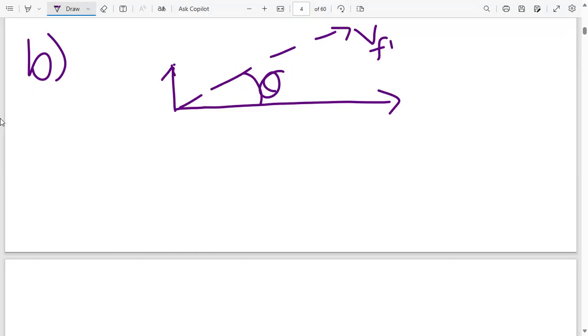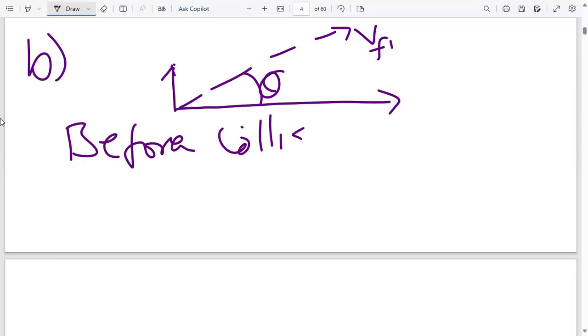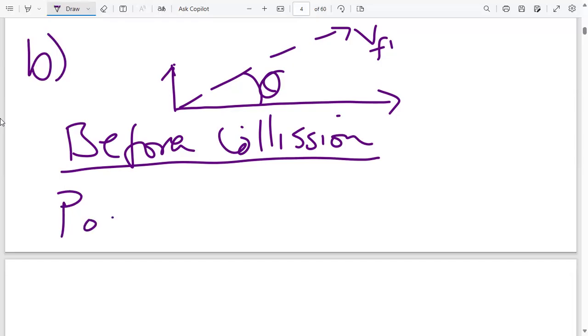We are going to deal with those individually, those in the x and those in the y, differently. So I can start with before collision, which is the initial one. Before collision, we have initial momentum in the x, and we also have initial momentum in the y. So this will be equal to what?